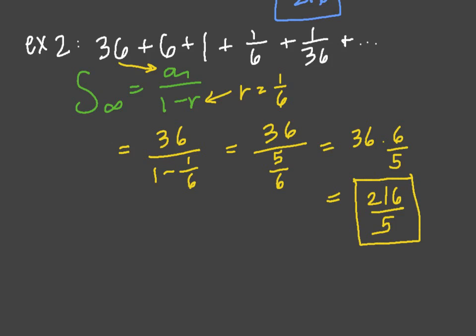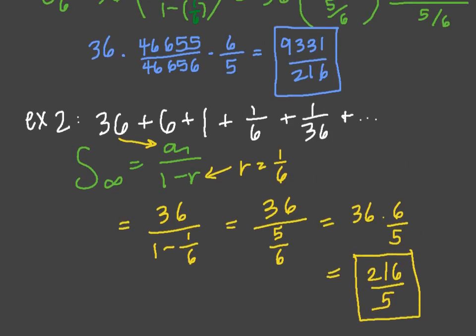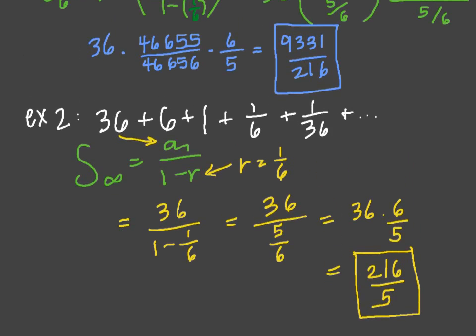So remember I told you that the decimal approximation for the finite geometric series that we did was 43.199. It had some more numbers after it. And the infinite series is approximately, well actually is, not approximately, 43.2. So we were already very close.